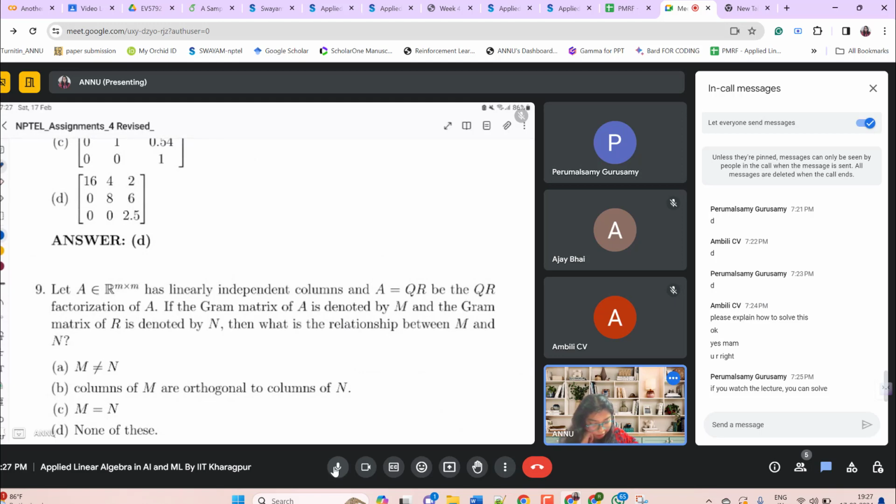Again, this is related to the Gram matrix. The Gram matrix is nothing but A transpose A. A has linearly independent columns. The Gram matrix of A is denoted by M, and the Gram matrix of R is denoted by N, which is R transpose R. What is the relationship between M and N?